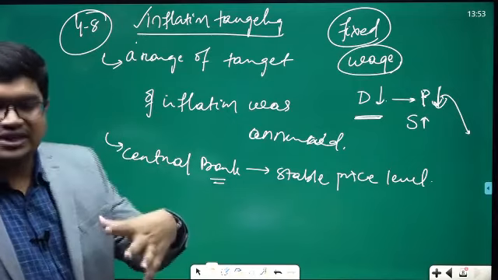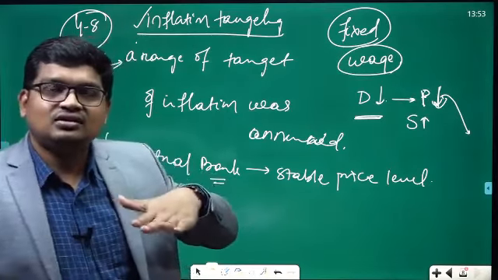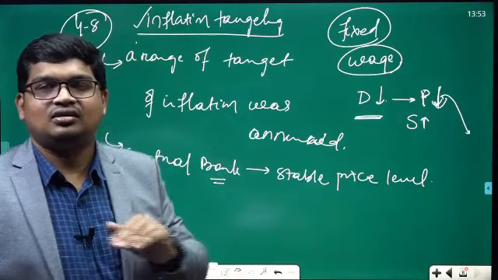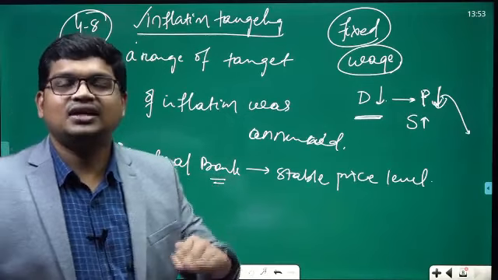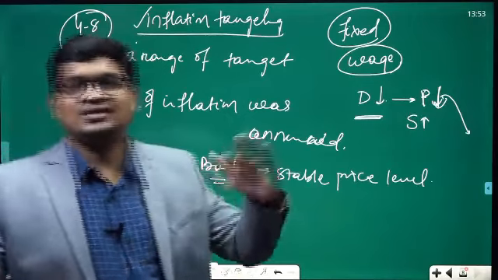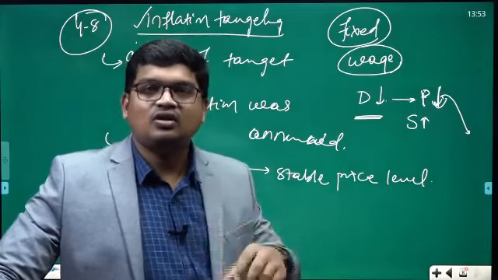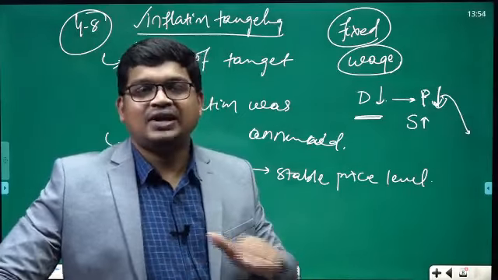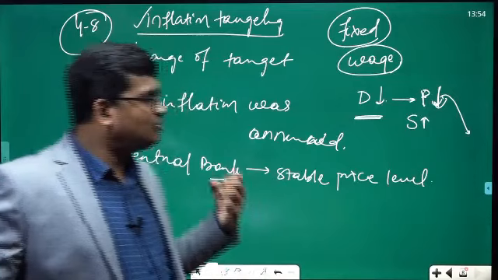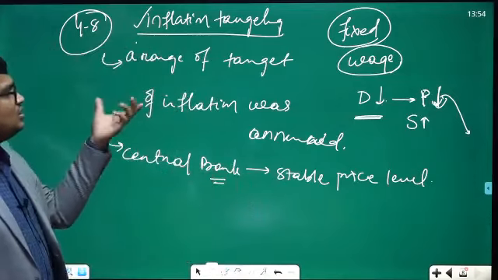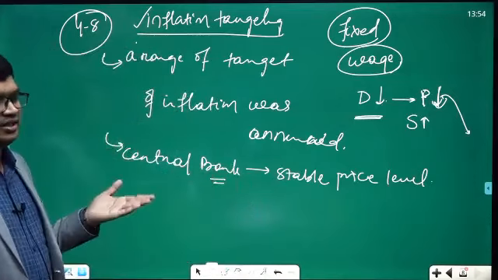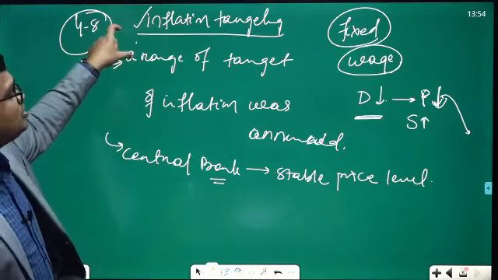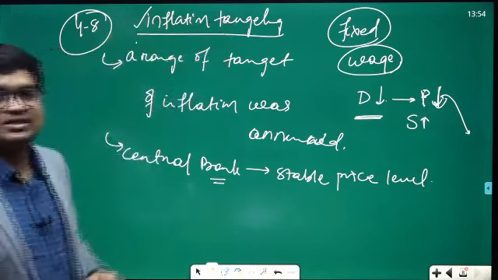You fix it as the sustainable inflation rate through which the economy can sustain in a smooth manner, or it will stabilize the price rise. That's why you have fixed this range of inflationary target, which we call inflation targeting.